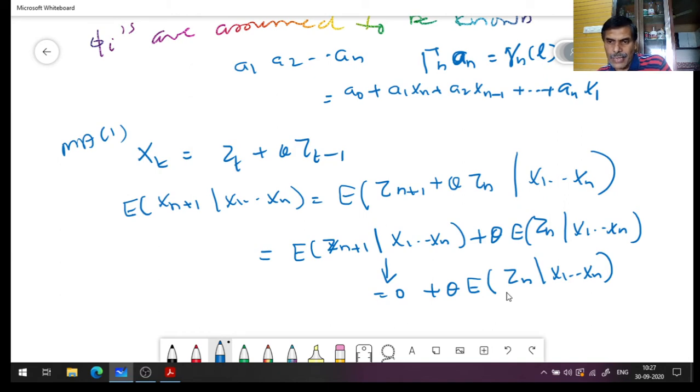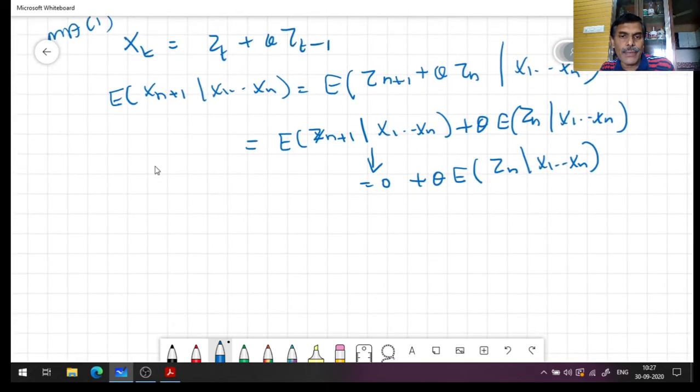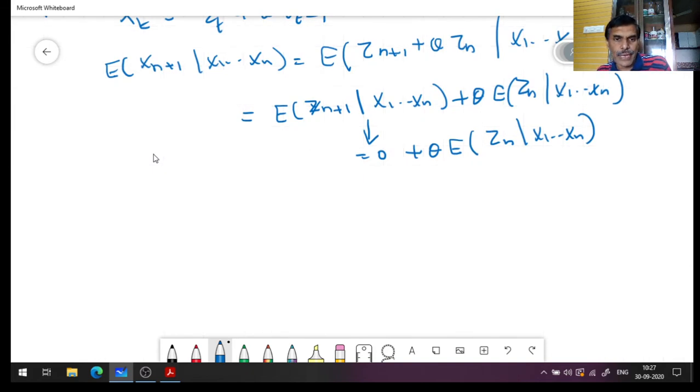So how will you obtain it? That is very easy, because that is where your invertibility condition comes in. I will be able to write Zn as the summation, j equal to 0 to infinity, of pi j xt minus j. Basically I am writing this in terms of xn minus j.